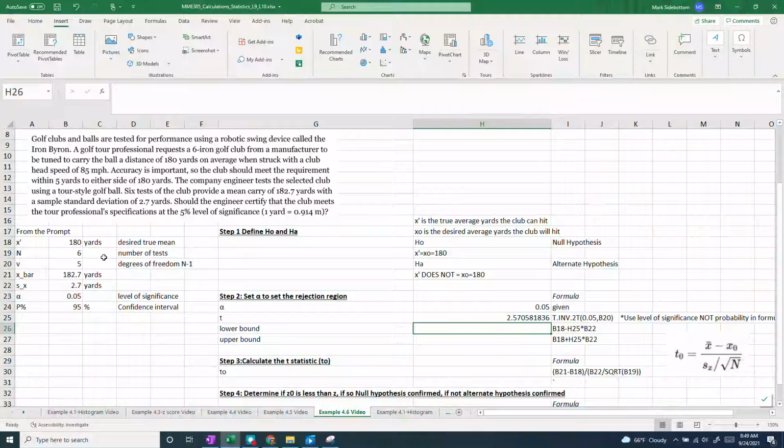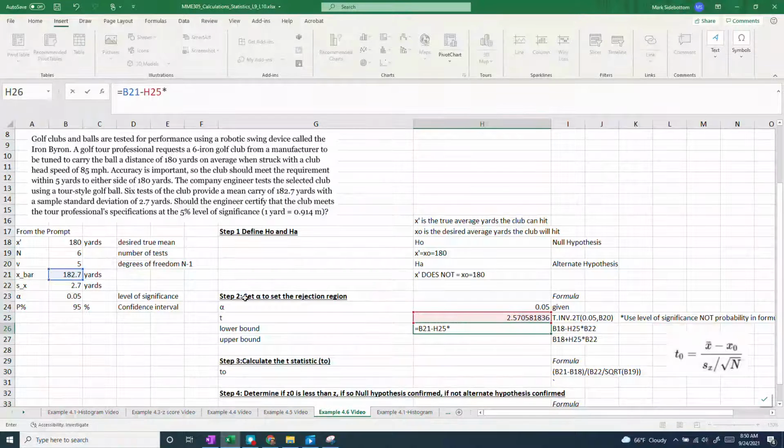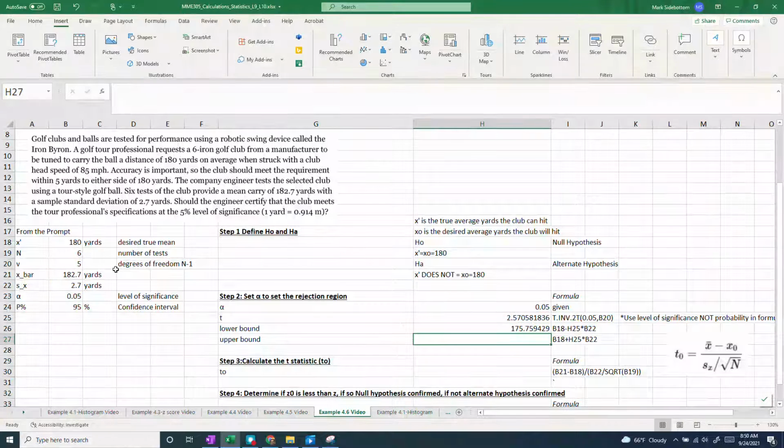Then we can estimate the lower bound and the upper bound of our rejection region using the definition of the t term. To find the lower bound, we take the mean value and subtract the t-score times the standard deviation. Then to find the upper bound, we do the opposite.